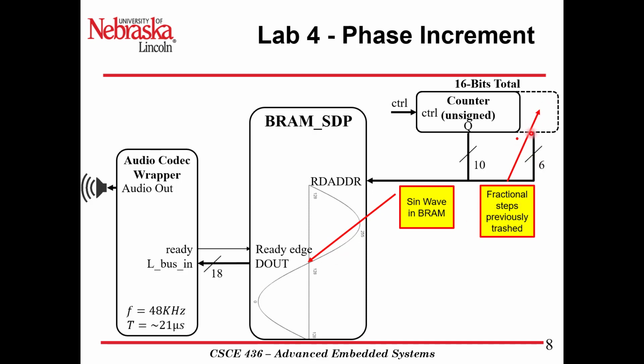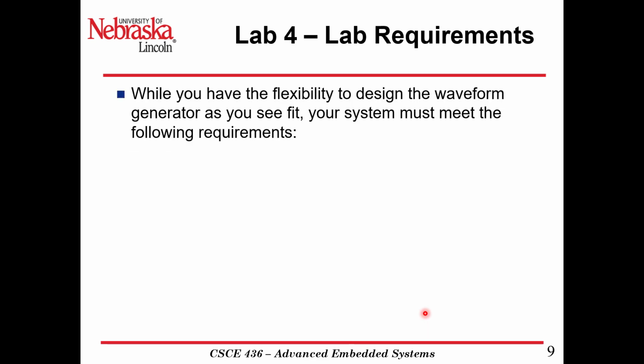We're going to use .6, so 6 bits of fraction, to index into that, and then basically change the output frequency based upon how fast we index into it. So that's going back to a lot of what we learned on lesson 26 for DDS.